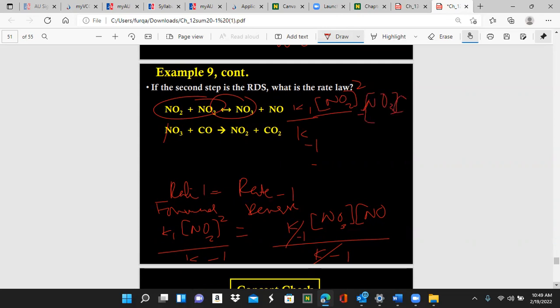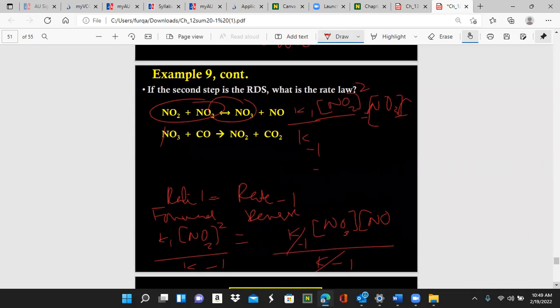What else was there? NO. So actually we can have a value for NO3, and the NO goes down there.